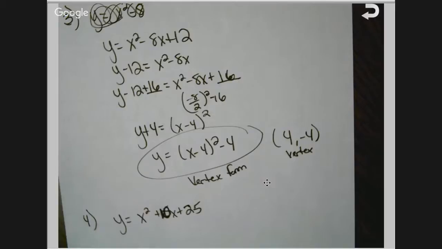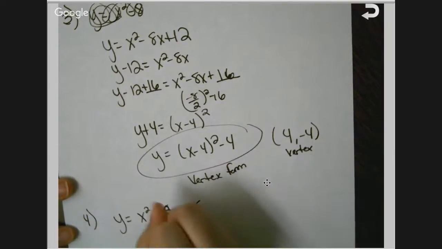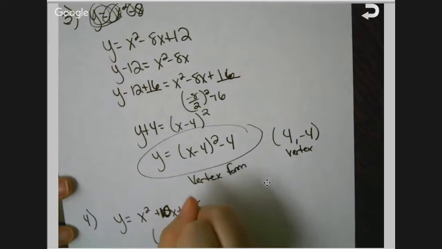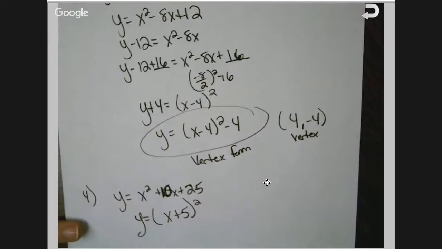So it is the perfect square trinomial. So I don't move anything over, because that's just going to cause more work. There's no point in that. So I go ahead and factor it, and I get x plus 5 squared. And that is vertex form.